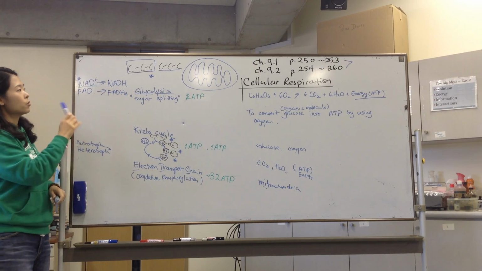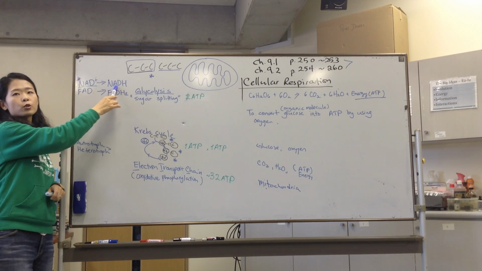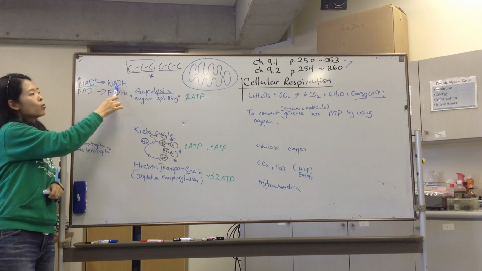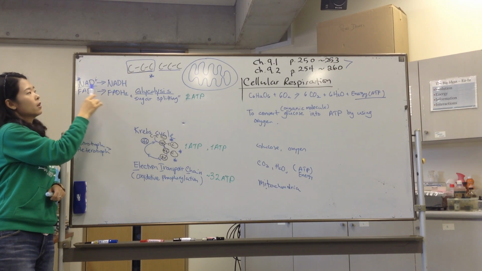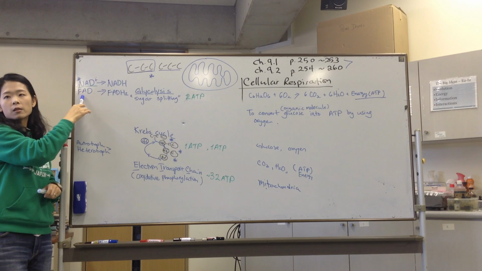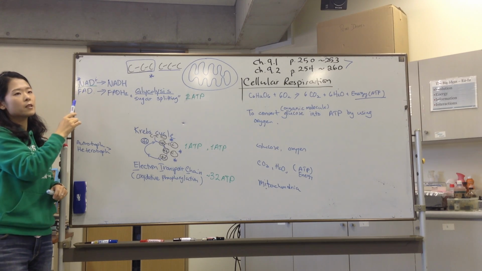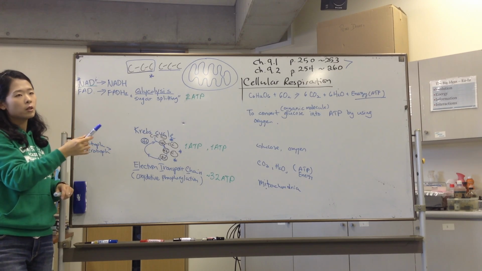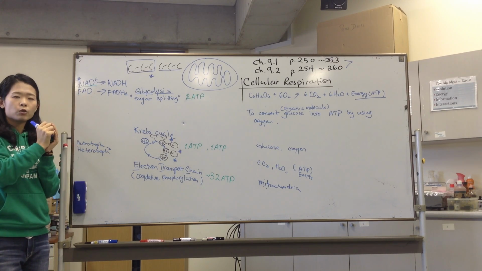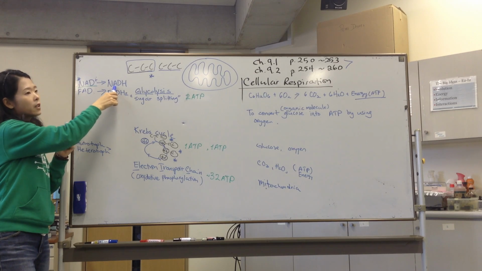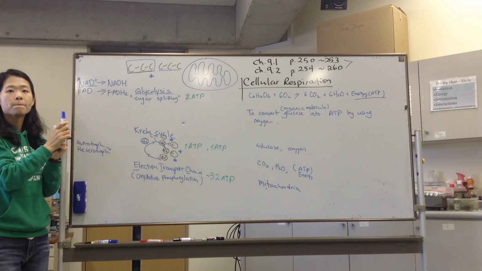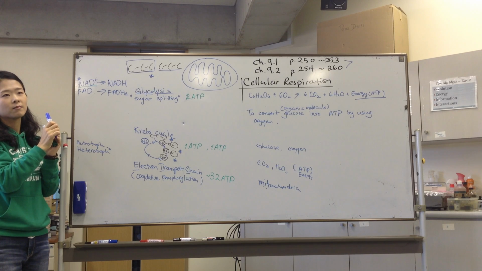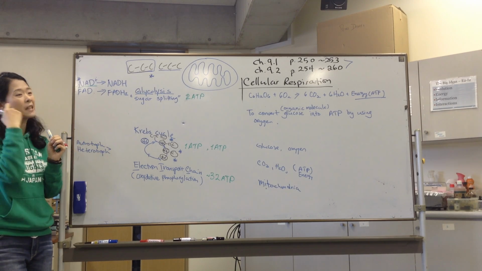So just notice that this is the transporter, the carrier, with electrons, and these two are without electrons. Think of these as shuttle buses with passengers and without passengers. In other words, NAD will pick up electrons, and they're now called NADH. What's FAD again? They're like a cousin to NAD, so what they do is the same.